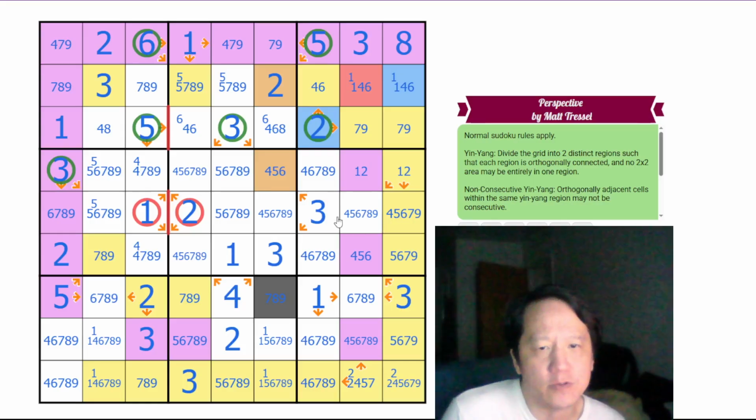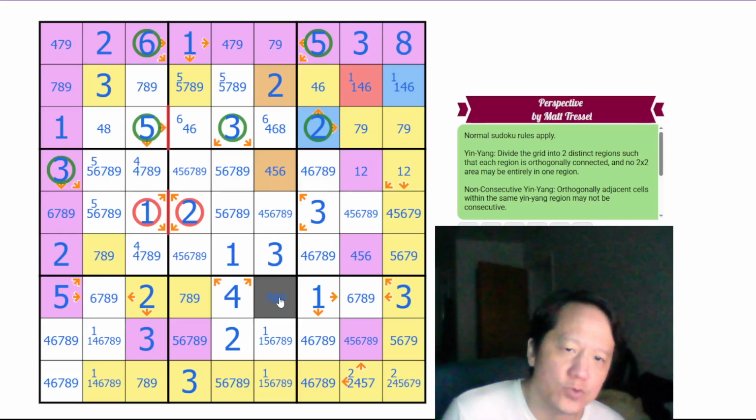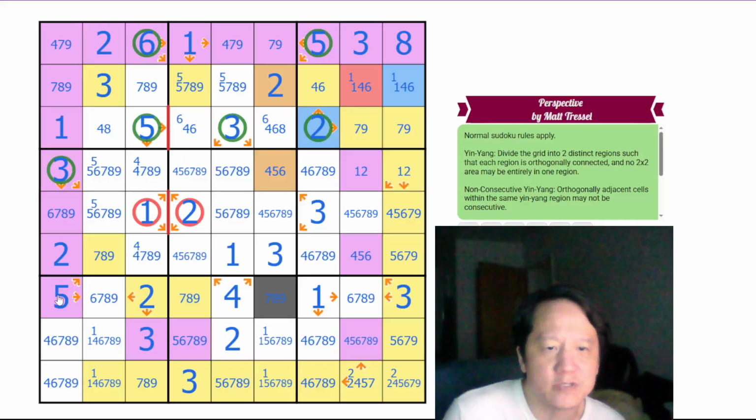This we know one of these is pink, and there is a high and medium, but we don't know which is which. With 4, we have 1 and high, and there are different regions. 5, we have 2 and high, but we don't know which of the regions are. 2 is done here because we have 5 and a high digit, and they're different regions.